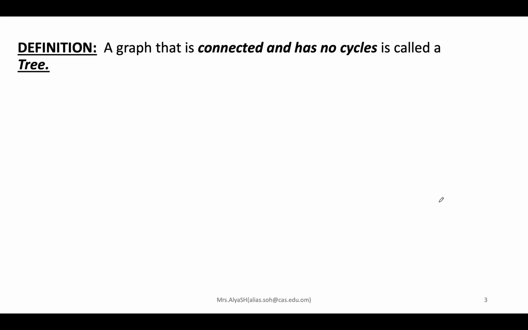A tree is a graph that is connected and has no cycle. If we go back a little bit, we can see that this feature is reflecting one type of a graph, which is a simple graph.